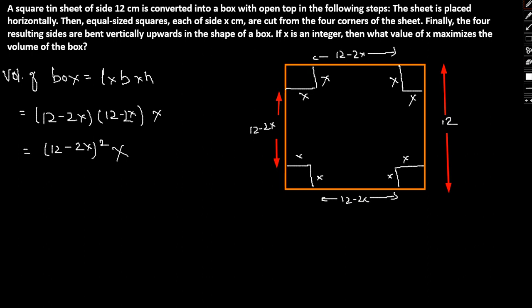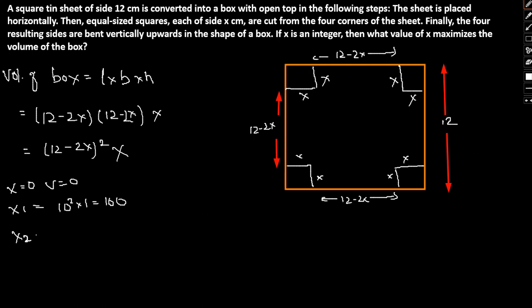Let's say x equal to 0. Then the entire volume will also be 0, so not valid. For x equal to 1, it will be 10 squared into 1, which is 100.